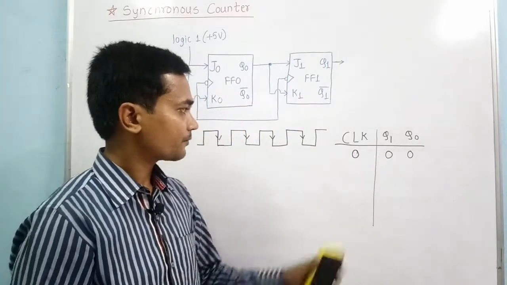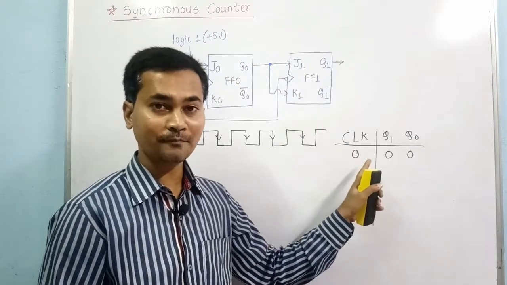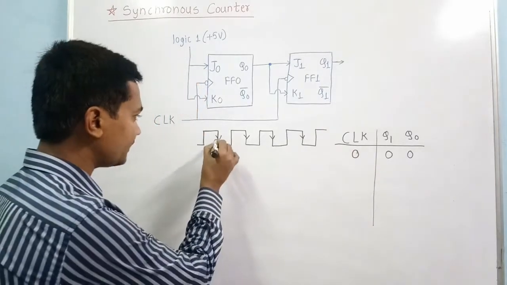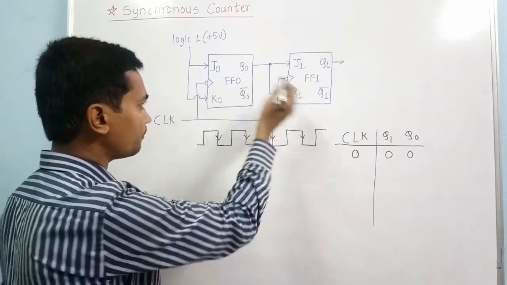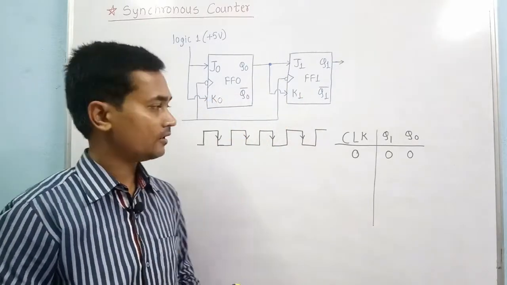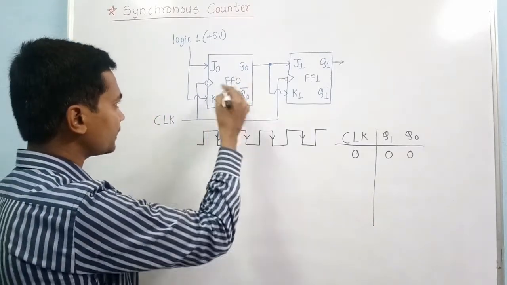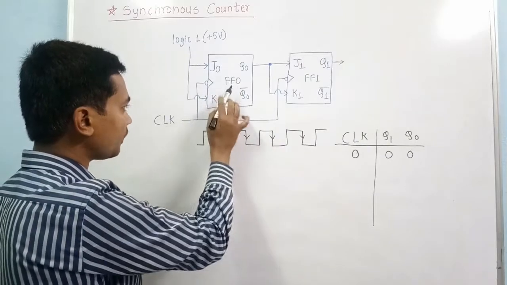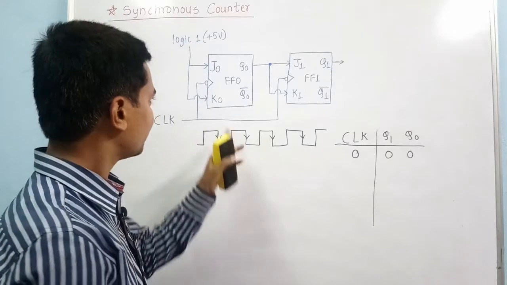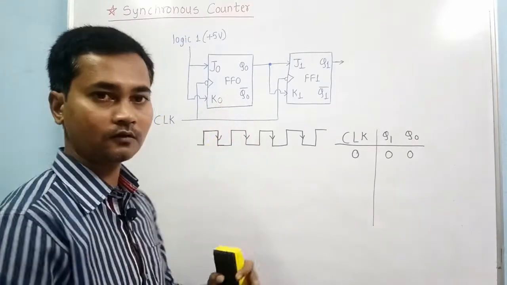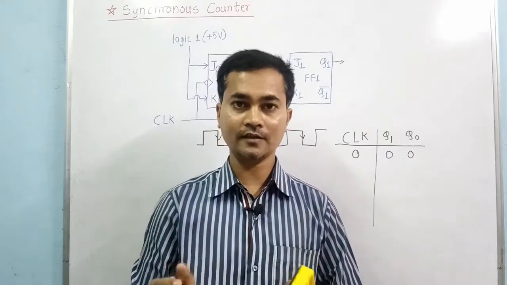Now what will happen if the falling edge is applied to the clock inputs of both the flip-flops? Consider we are using JK flip-flops. The first JK flip-flop is in toggle mode. The JK flip-flop has four combinations: 0 0, 0 1, 1 0 and 1 1.